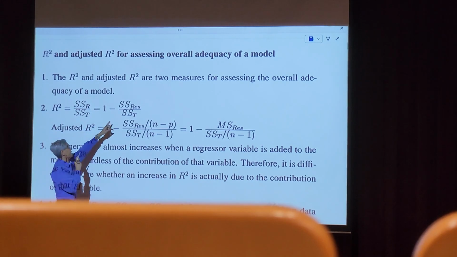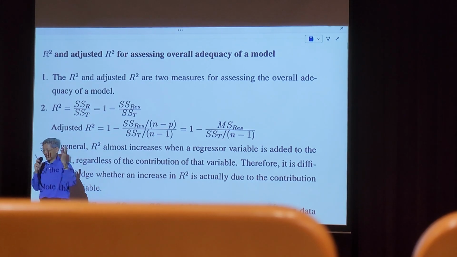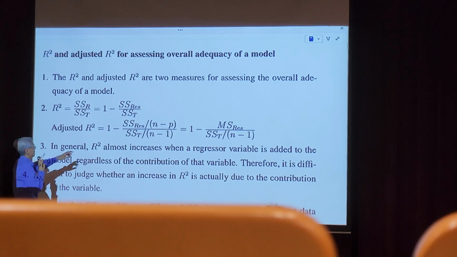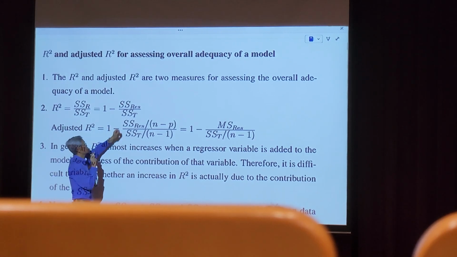Or you can look at R squared in terms of the sum of squares residual. The sum of squares residual measures the discrepancy between the observed points and your fitted model. So if the fitted model is good, SS residual will be small.